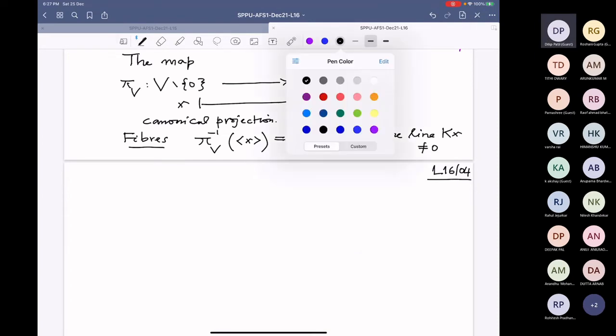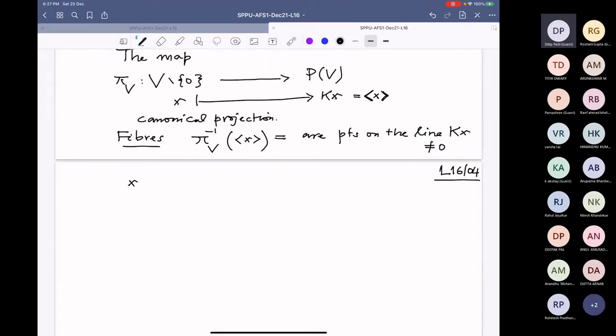So suppose I take two vectors, x and y, in V minus 0. When is pi v x equal to pi v y? That is if and only if x and y are on the same line.